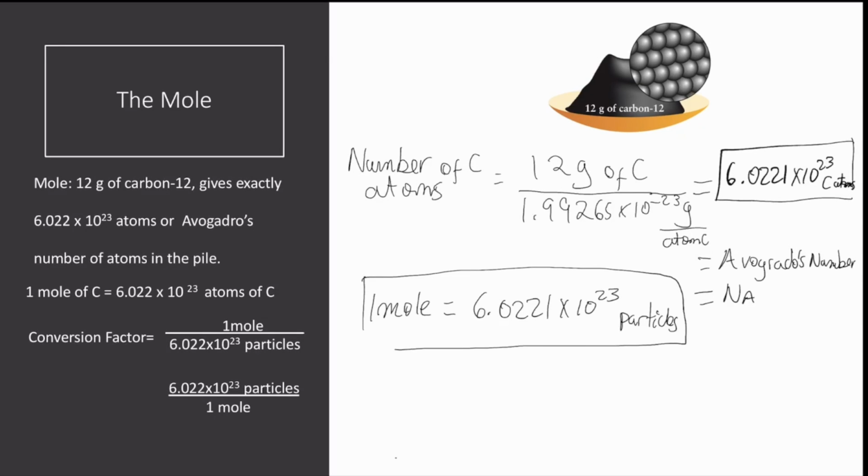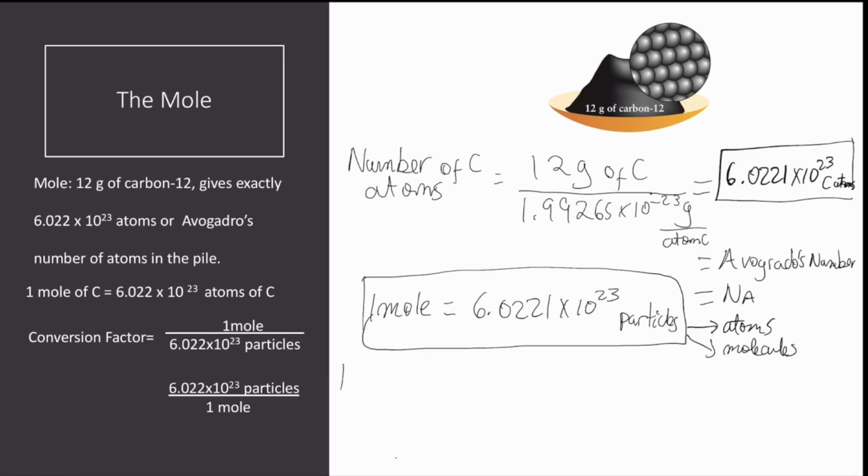So in chemistry we generally use atoms for particles or molecules, but this could be any object that you can imagine. You can have 1 mole of grains of rice, where you will have 6.0221 times 10 to the 23rd grains of rice. You can have 1 mole of calculators, and you have 6.0221 times 10 to the 23rd calculators.